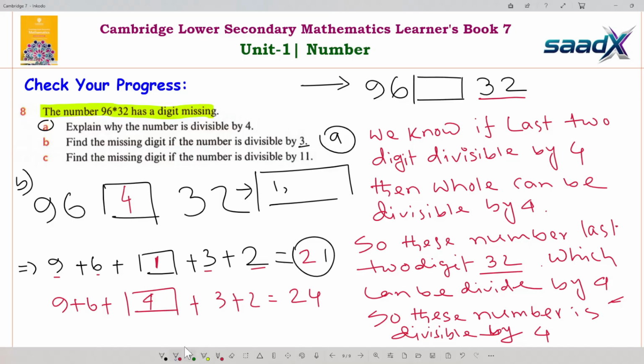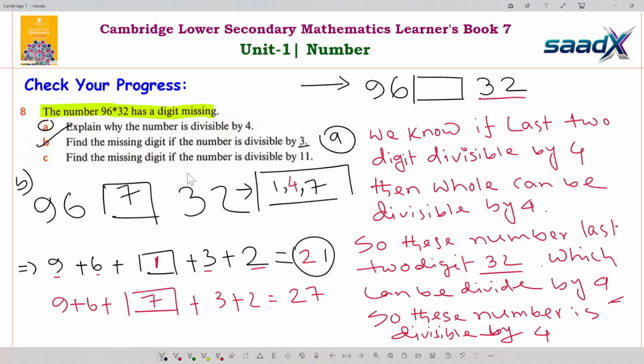Finally we can put another one. Here is 20, so suppose we can put 7, so 20 plus 7 is 27, and 27 can be divisible by 3. So our answer can be 1, 4, or 7. Okay, so 147 is our answer, but it should be separate.